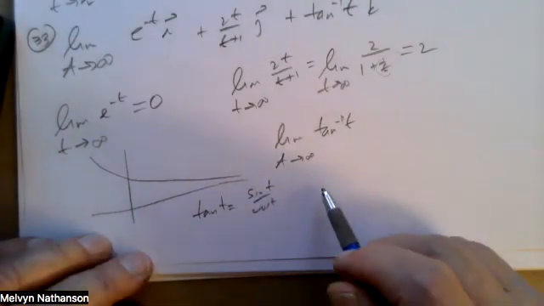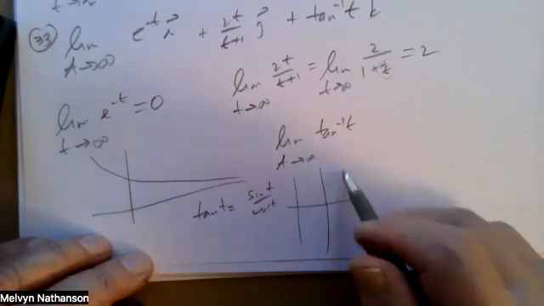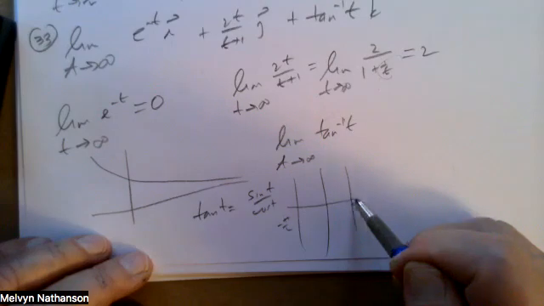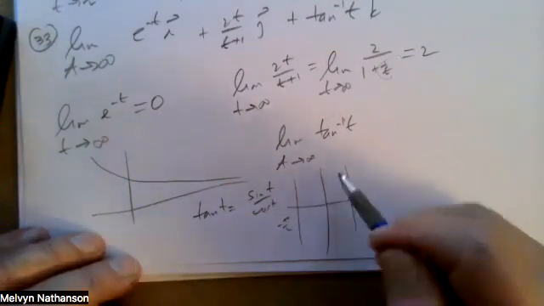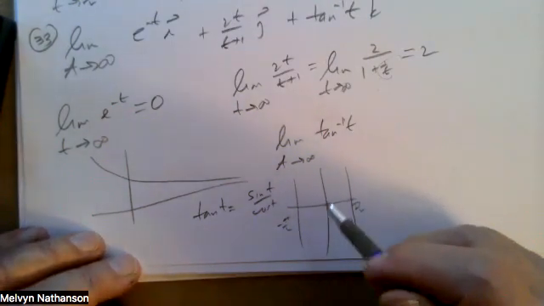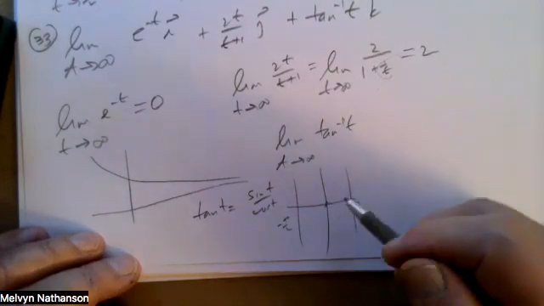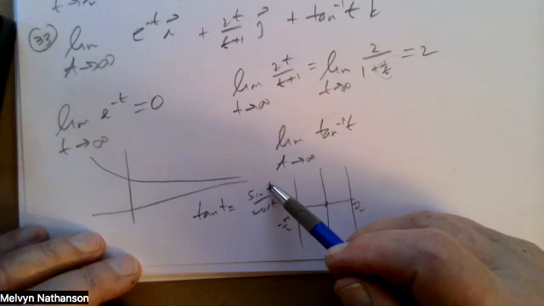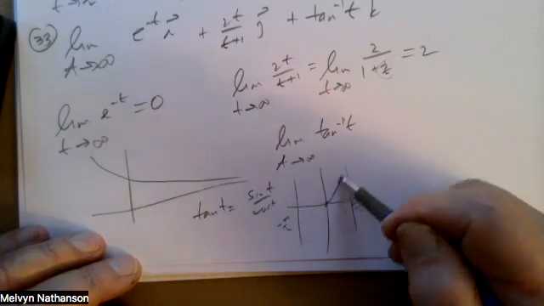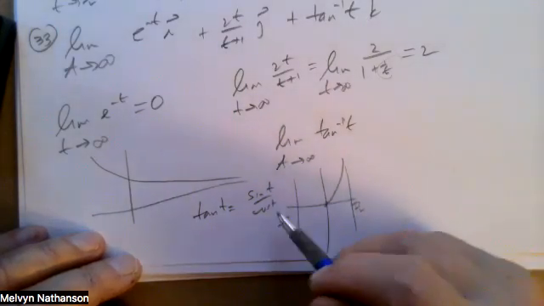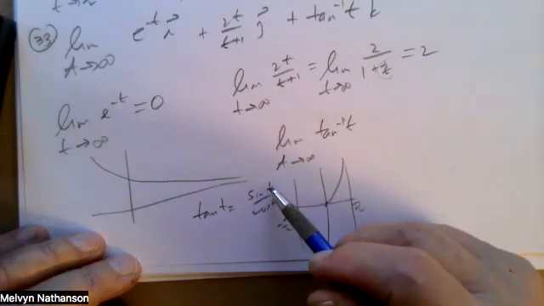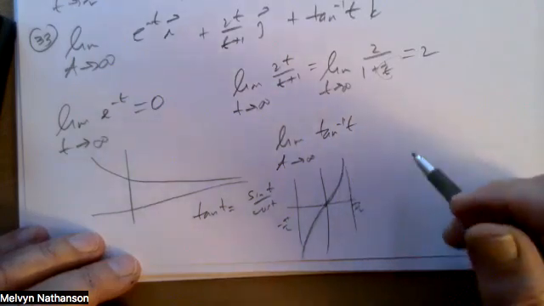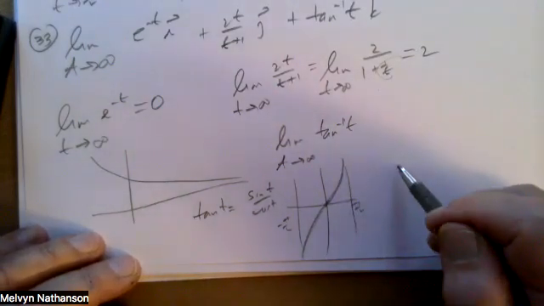If you graph the tangent from minus pi over 2 to plus pi over 2, it's 0 at 0, and as t approaches pi over 2, the sine is going to 1, and the cosine is going to 0. This is going out to infinity. And at minus pi over 2, the sine is going to minus 1, and the cosine is going to 0. It looks like that. That's the graph of the tangent.